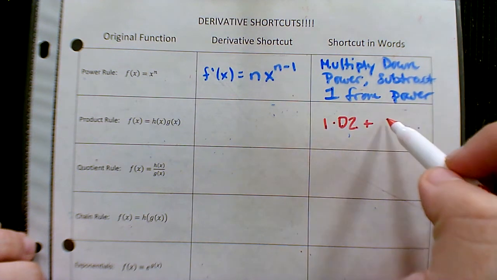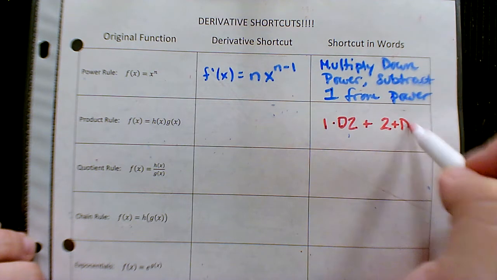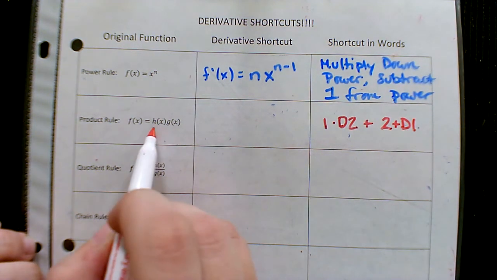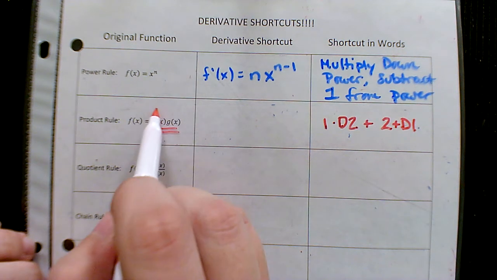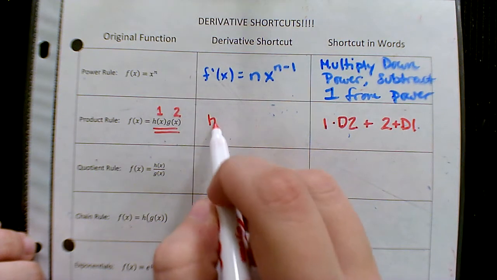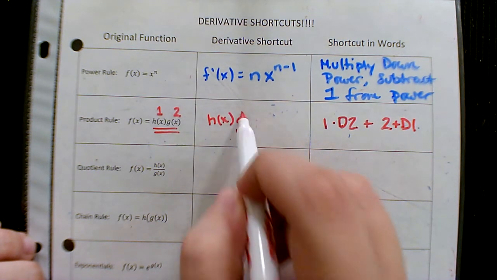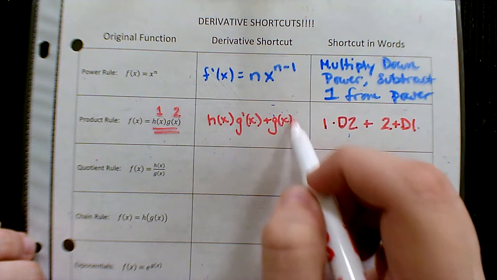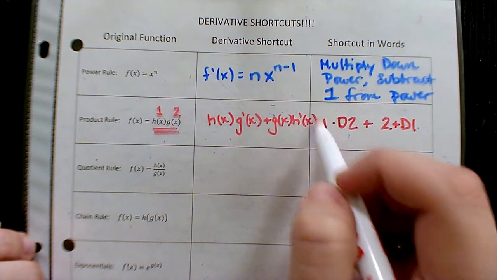Okay, so we'll write that as our little phrase, 1d2 plus 2d1. And if we were to apply that to these two functions being multiplied together, maybe you want to label them 1 and 2. We would have h of x times g prime plus g of x times h prime.